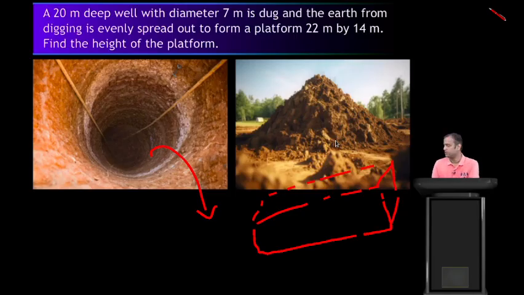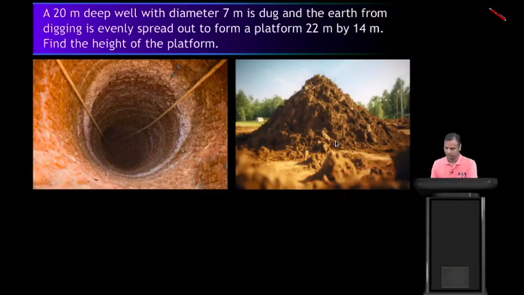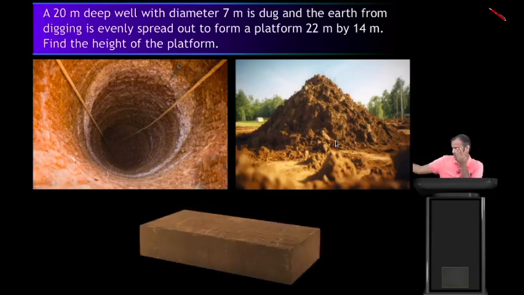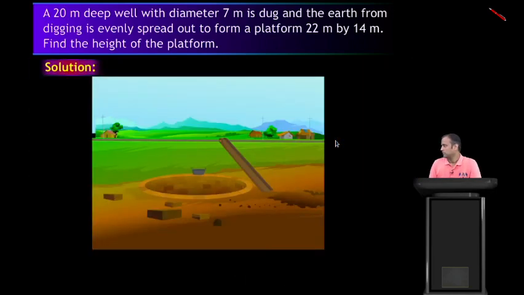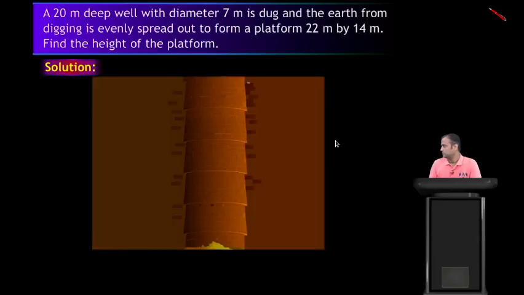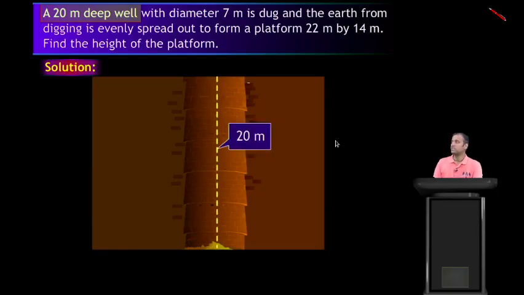Okay students, which platform is this? It has length and breadth, and then we have to find h. So which platform is this? Yes, very good. It is a cuboid. So we have a cylindrical well which has a depth of 20 meter.